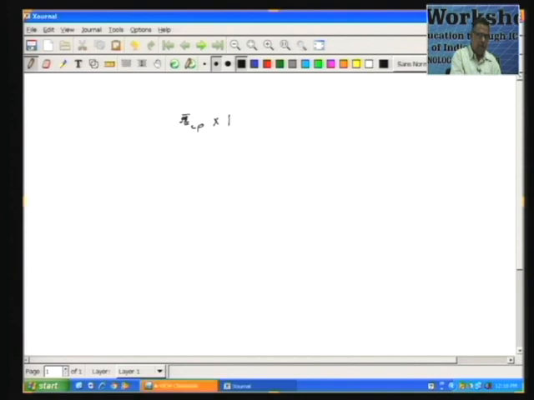RCP cross FR is equal to this determinant i j k. Then in the second row we will write the components of the first vector RCP, which is XCP, YCP, 0.